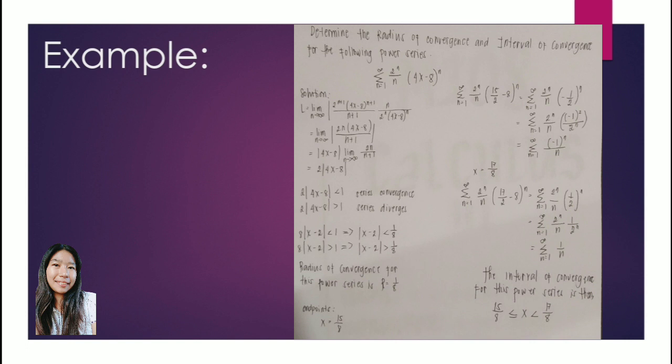So the product is equal to the sum from n equals 1 to infinity of negative 1 raised to n all over n. Now our x is equal to 17 over 8.